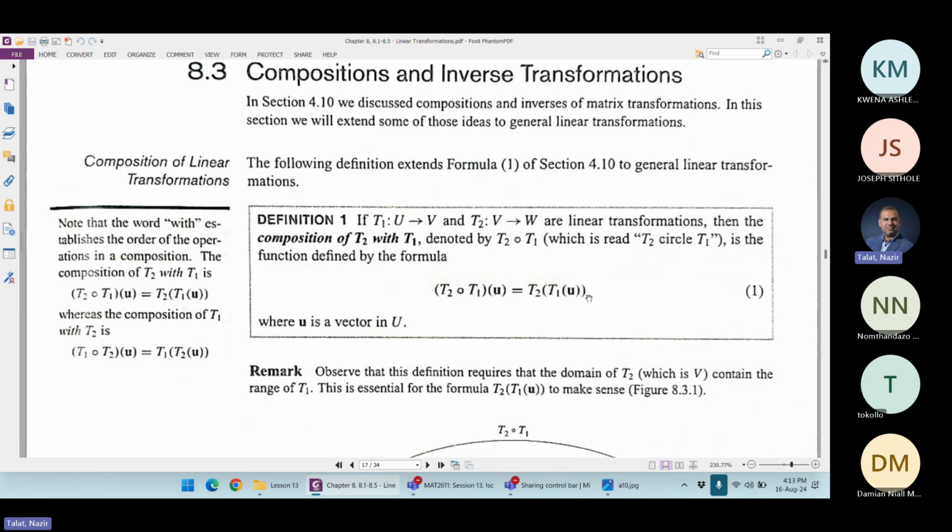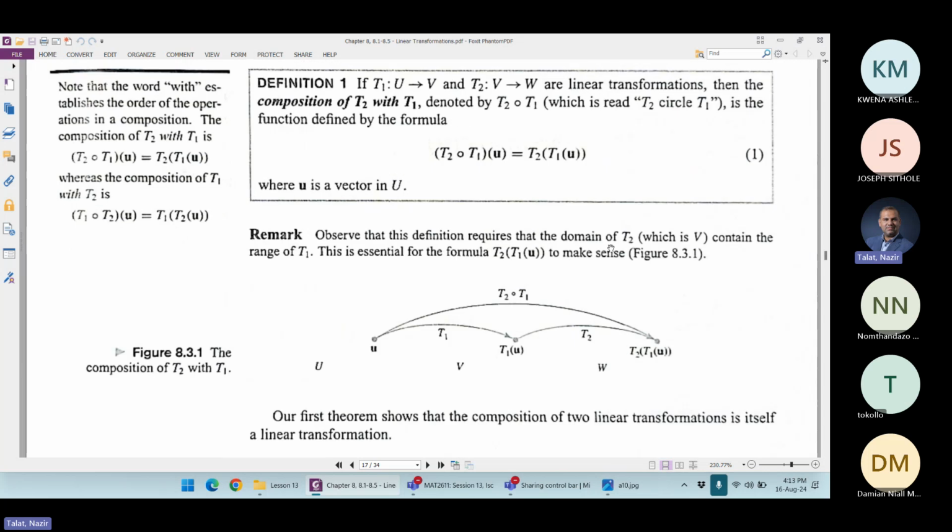So this is a transformation from U to W. We can get a direct relation with the help of that, which takes an element from U and moves it to W.